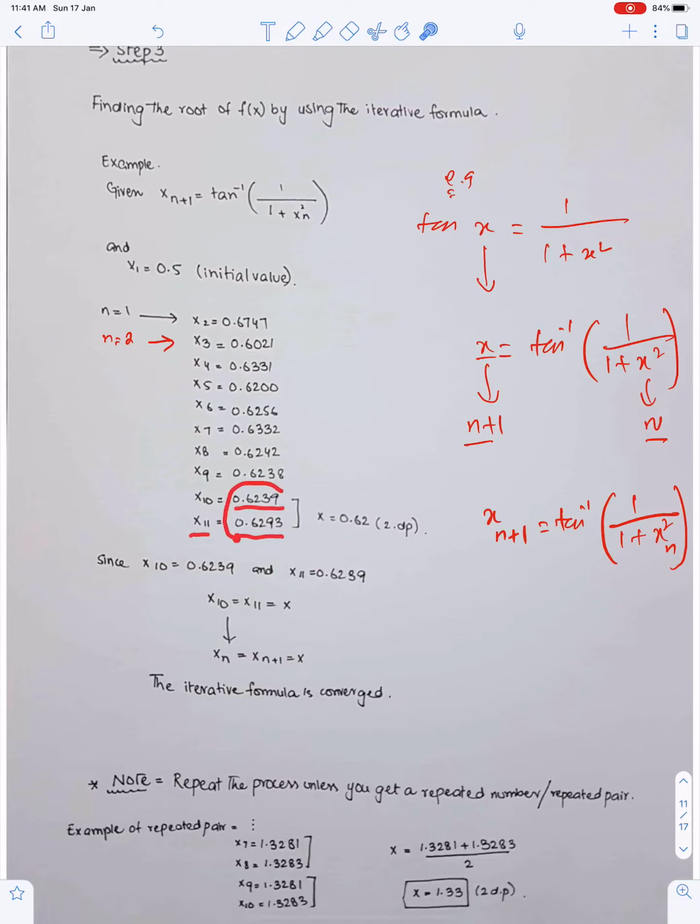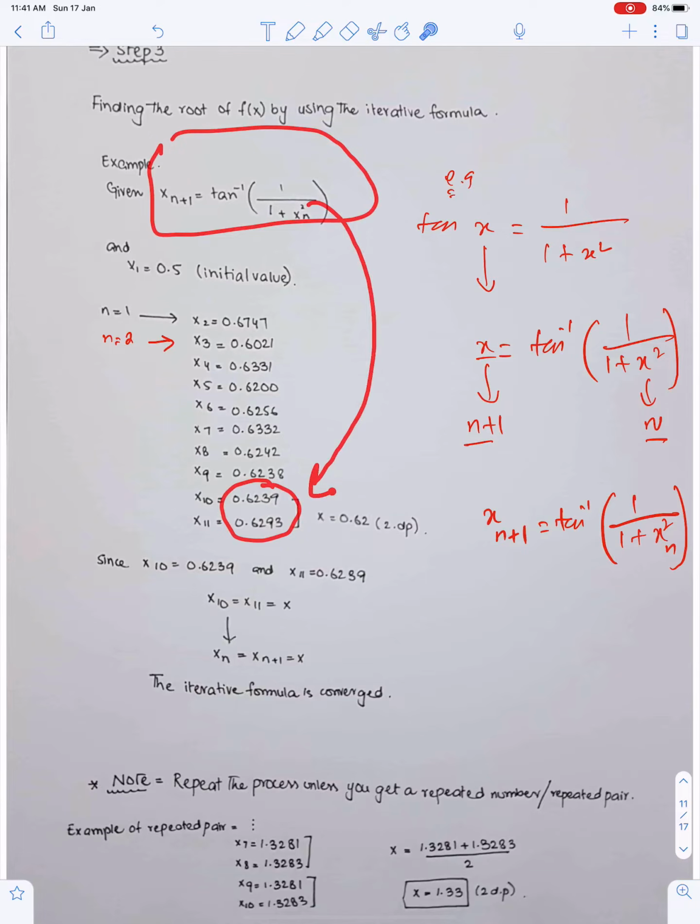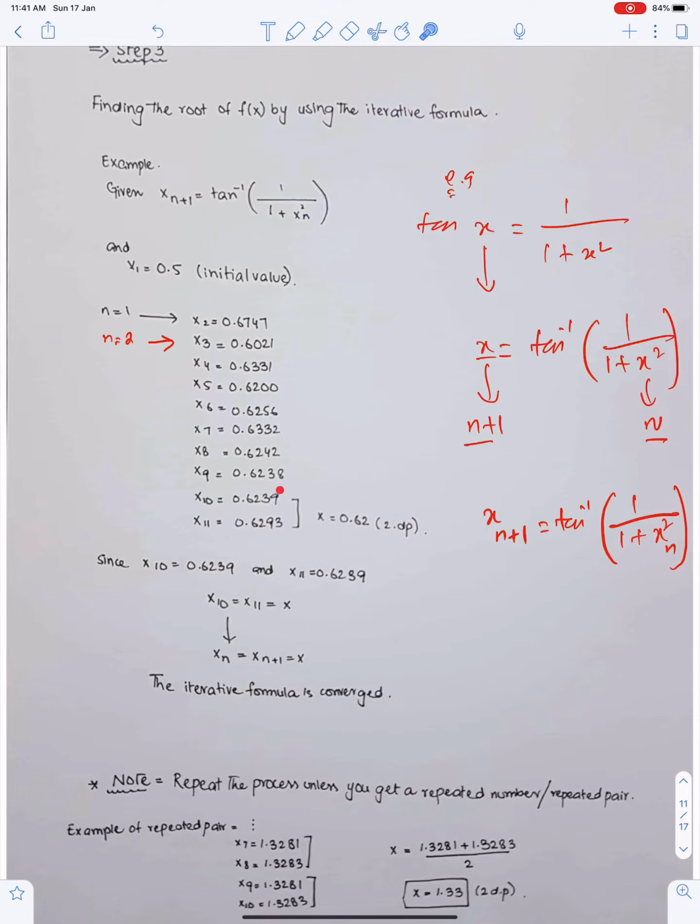The number is repeating now. This means this formula has converged. Now this formula is giving you the same answer from x10 onwards. Whenever you get the same answer, that means the formula has converged.